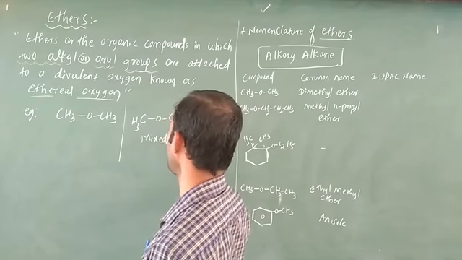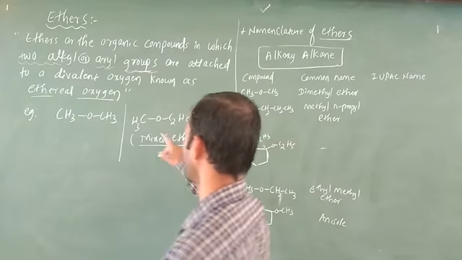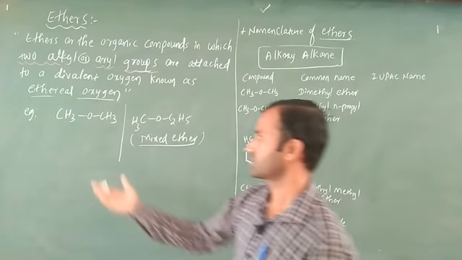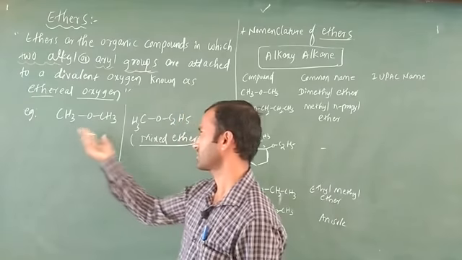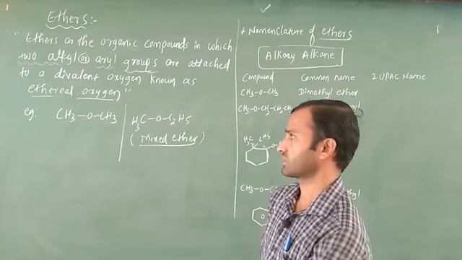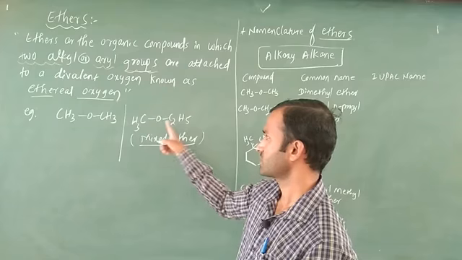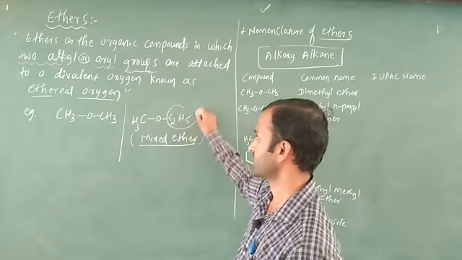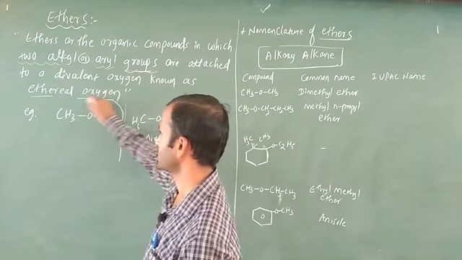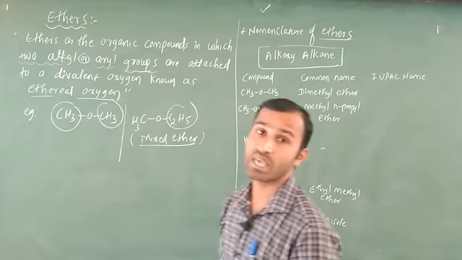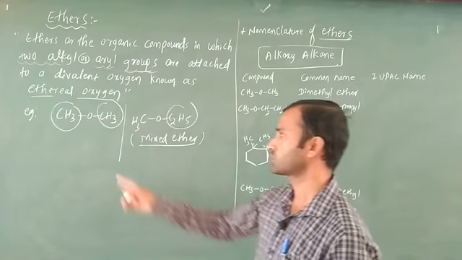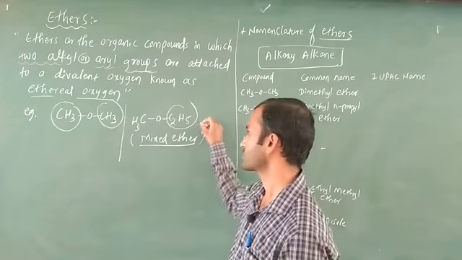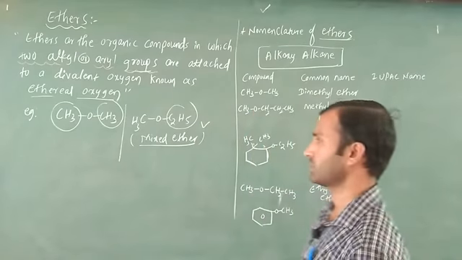Here CH3 is there and C2H5 is there; the groups are different. In the first, the ethereal oxygen has the same group on both sides, so that is not a mixed ether, but this is. Bear in mind.